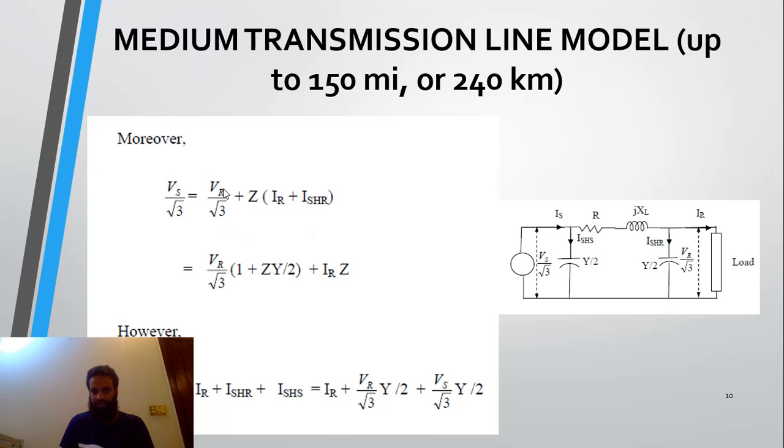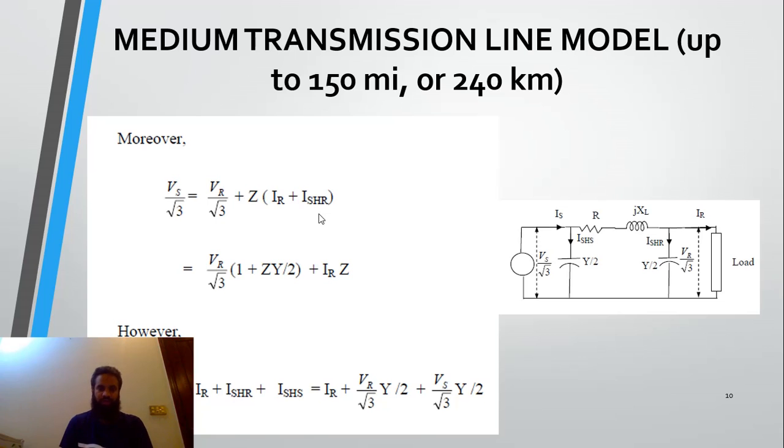So the sending end voltage is receiving end voltage plus Z into IR plus ISHR. So the current would be this current, and this current is basically a combination of IR and ISHR, IR plus ISHR.